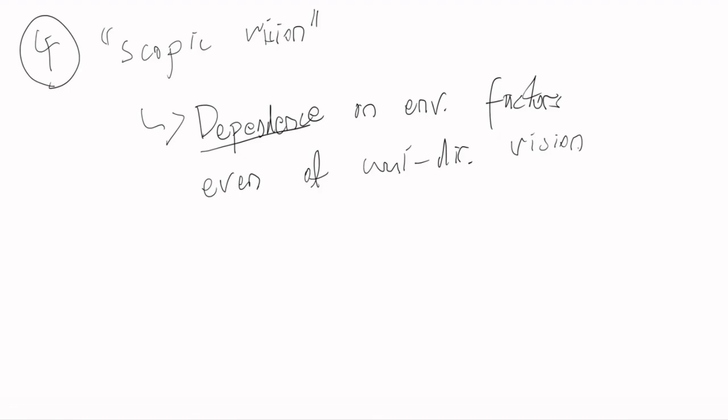So what we need to do here is first of all determine these environmental factors, but since it does depend on environmental factors, it makes no sense to give a value for all environments.